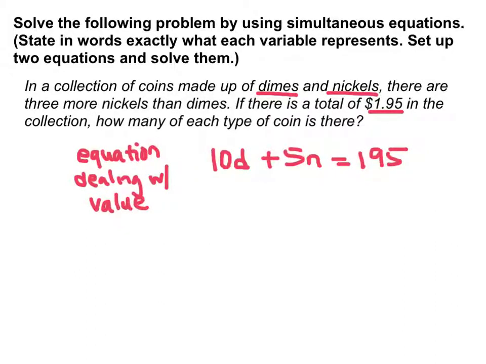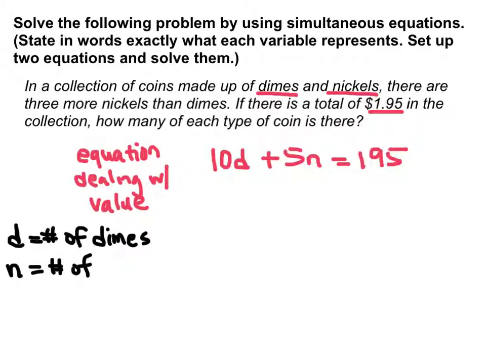Keep in mind, if we decided to use D and N, we want to be able to define it. So when we do that, we'll write that on the side. D equals number of dimes and N equals number of nickels.